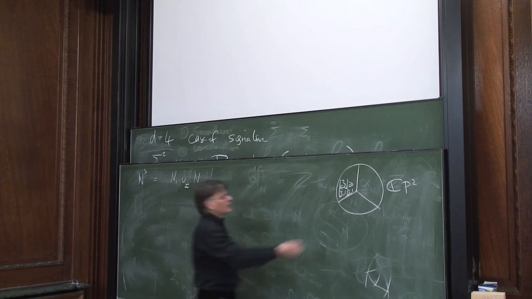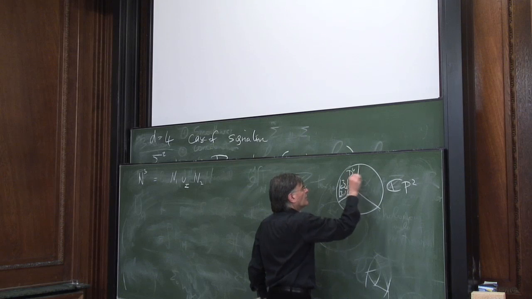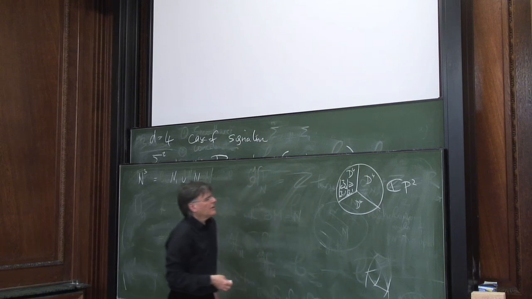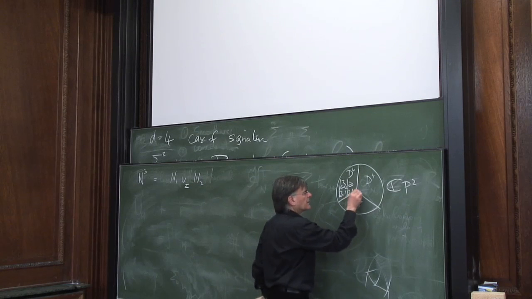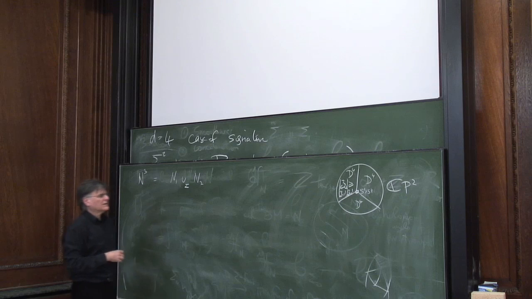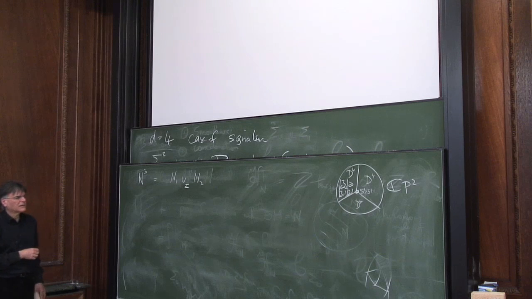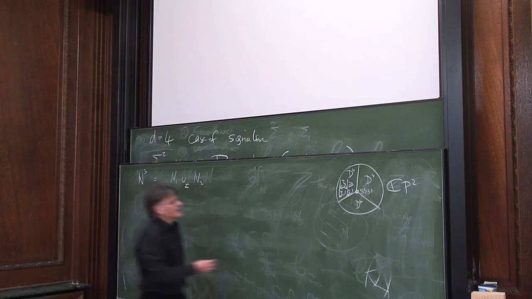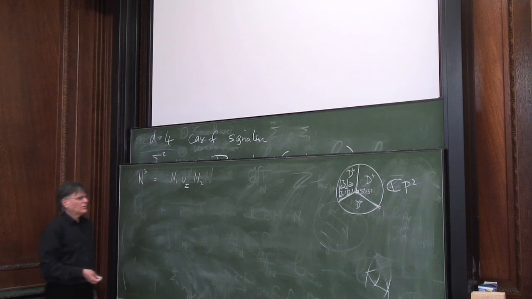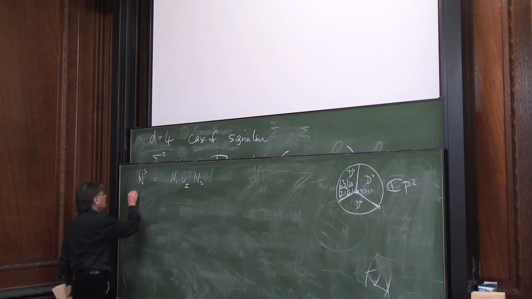So we divide CP2 into three four-discs, whose triple intersection is a torus, S1 times S1, where the three homogeneous coordinates all have absolute value 1, say. And each of these things is a true sphere. Well, so this is meant to be closed.